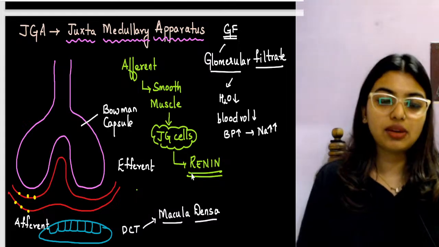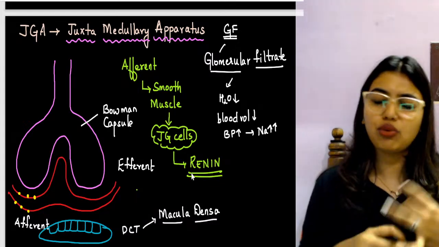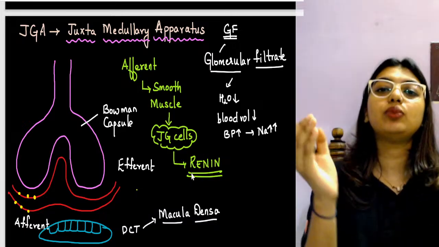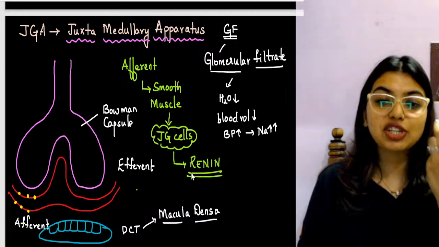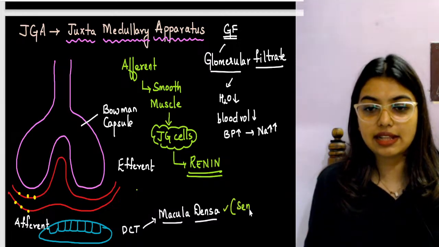So students, what did you understand so far? Glomerular filtrate has some problem, that is, blood volume is high, water is high, and so on. Now, when this is flowing through the DCT, there is a special type of cell called macula densa. We can also call these sensor cells.